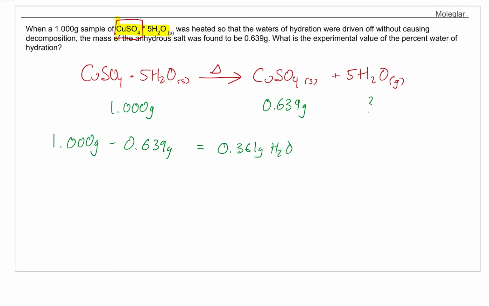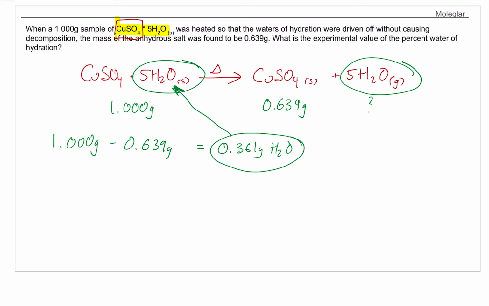All right. Now, this is actually pretty easy because we know that our original value was 1.00 gram. So if this much water was driven off, that's how much water was originally in our 1 gram sample. Law of conservation of mass, right? Mass cannot be created or destroyed. So what we can do is a very simple calculation.